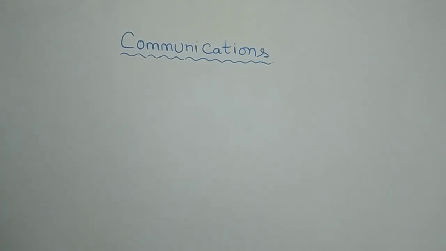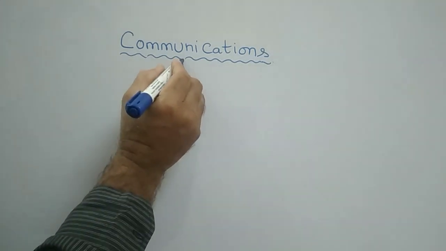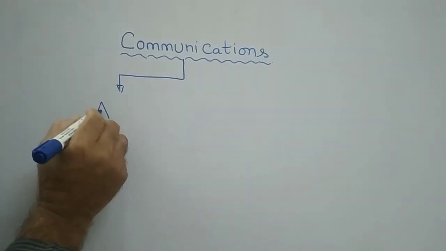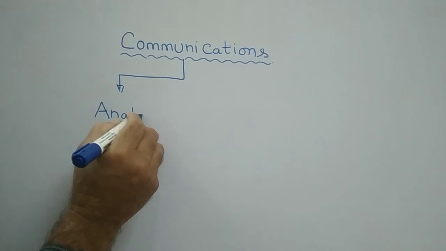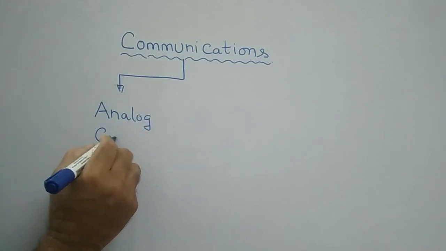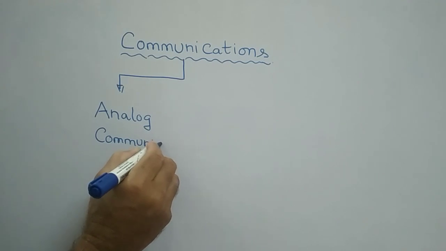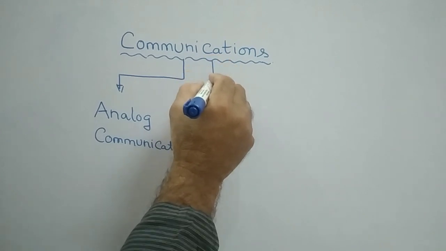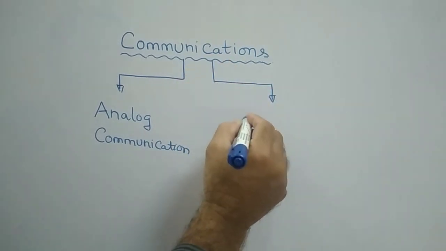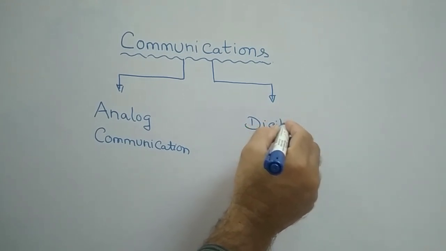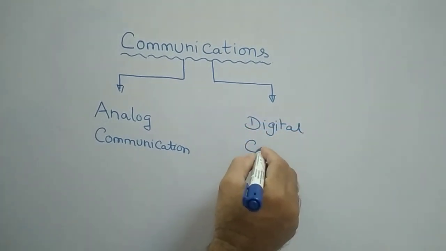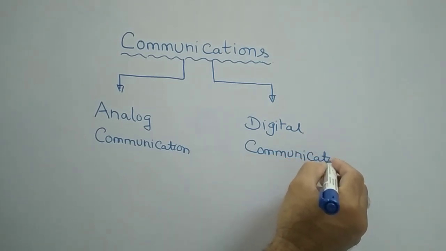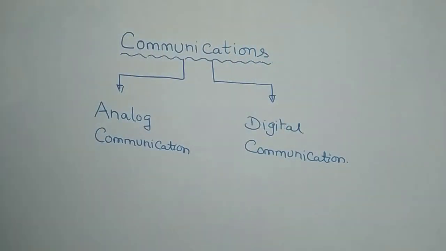In communication, normally we cover two types: one is analog communication, and the second one is digital communication, right?